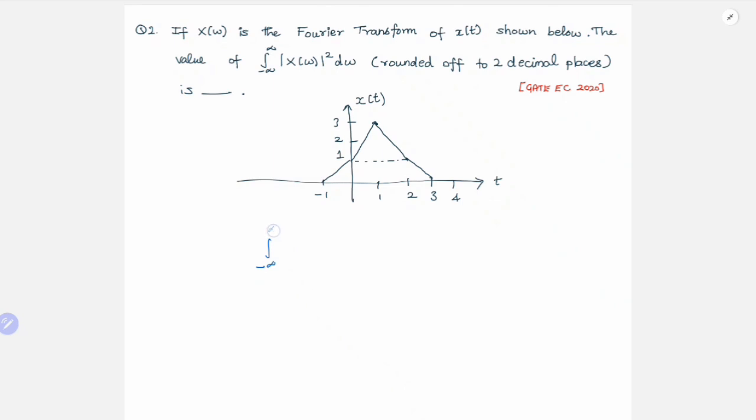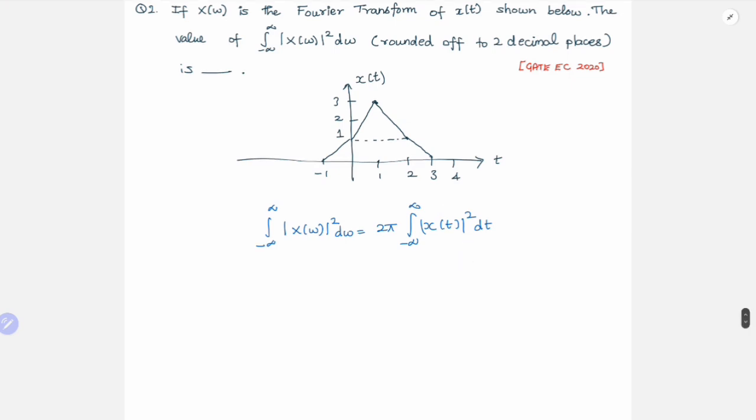So integral minus infinity to infinity mod X of j omega whole square d omega is equal to 2 pi integral minus infinity to infinity mod x of t whole square dt. So let us try to find the area of mod x of t whole square dt.